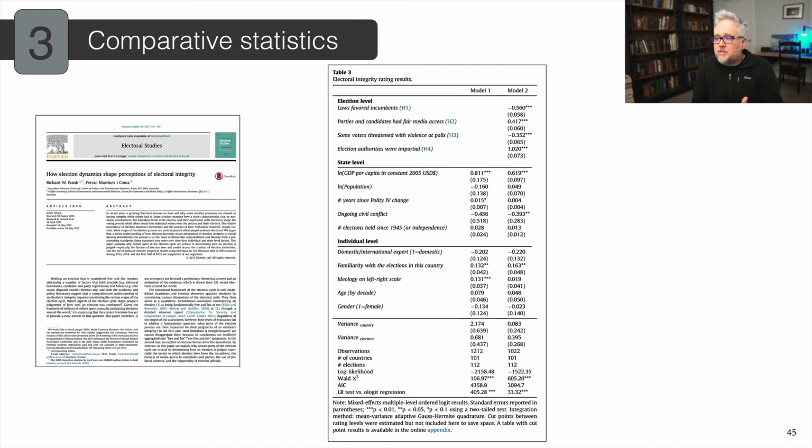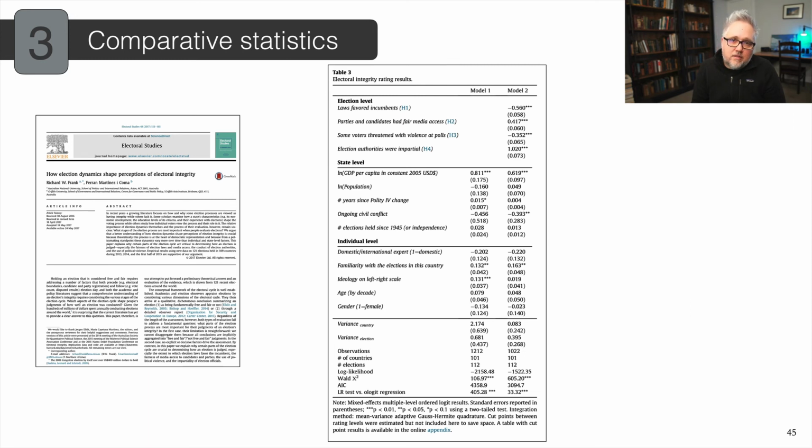And we had results. So kind of like with the correlation, you want to look at the direction and significance. You can see here, as laws favor the incumbents, that decreased the election integrity. You have a negative sign there, and the three stars show that it's statistically significant at the 0.01 level. More fair media access increased perceived election integrity.